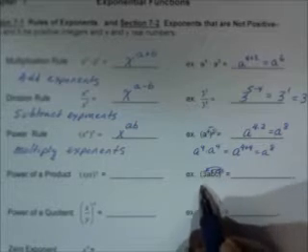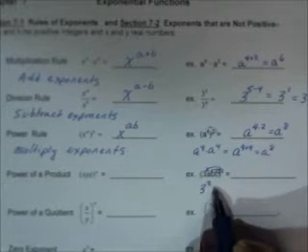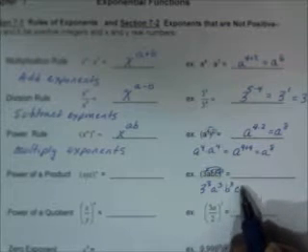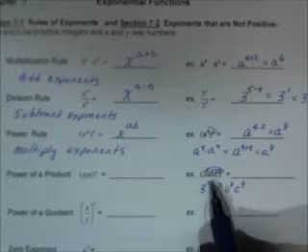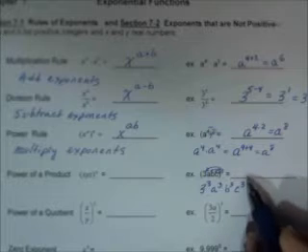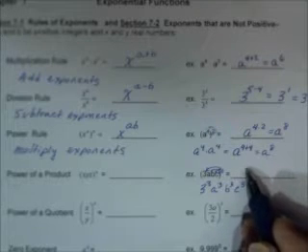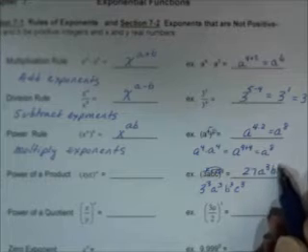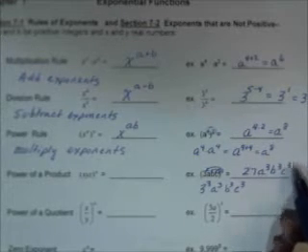So this becomes 3 to the third, a to the first to the third, b to the first to the third, and then c to the third. And 3 to the third is 27. So that's 27, a to the third, b to the third, c to the third.